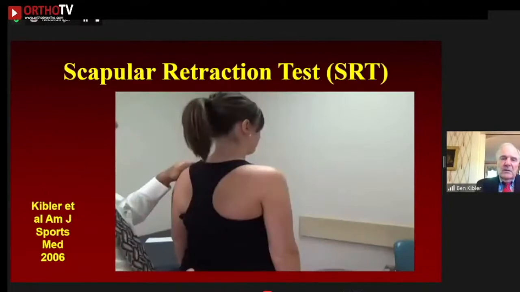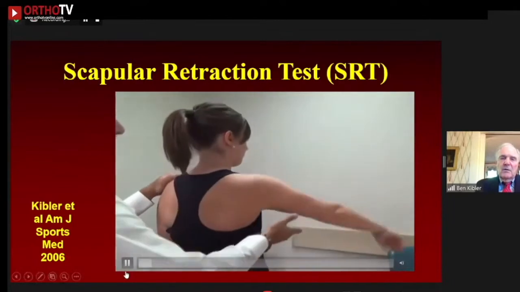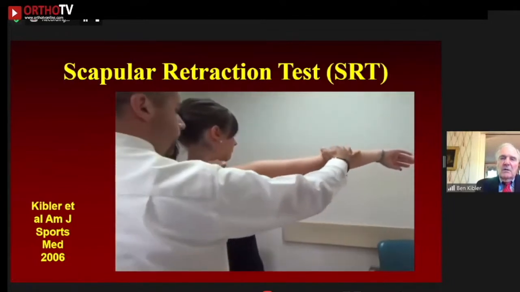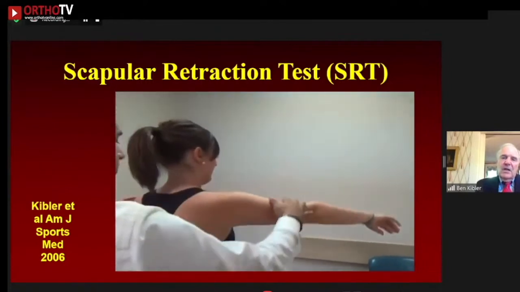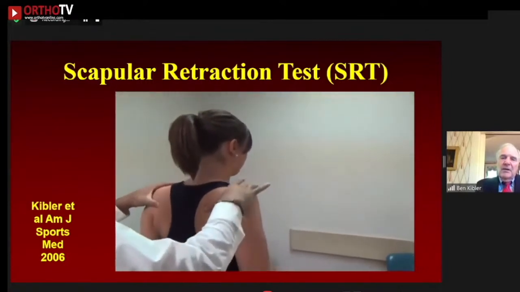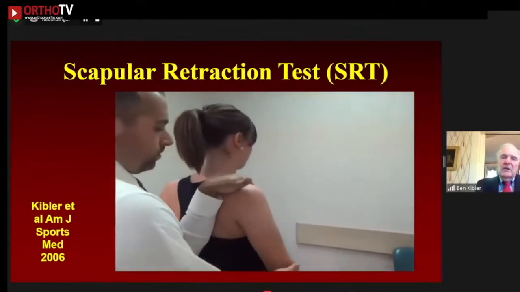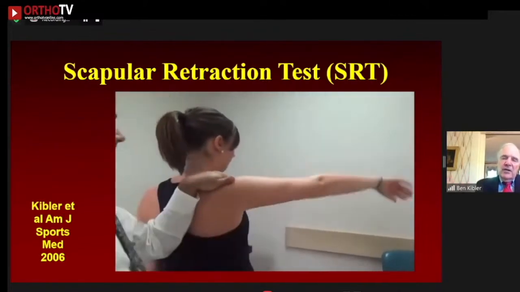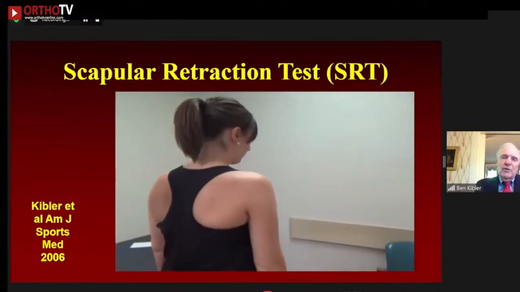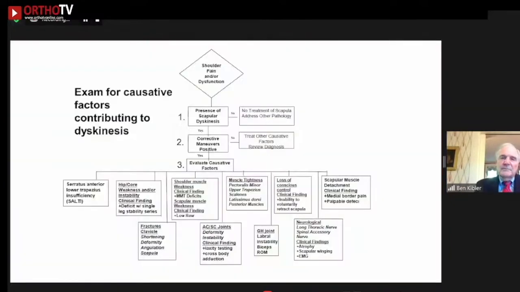Once again, the test is performed. You check strength, and then you stabilize the scapula in retraction and check the strength again. You'll find that the strength is improved, up to 24% improvement.